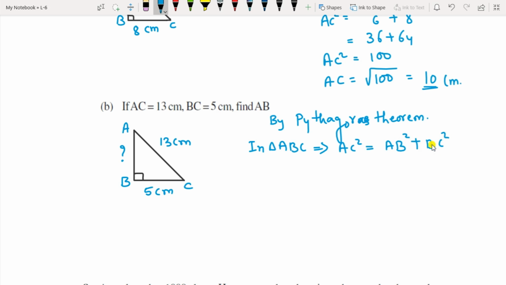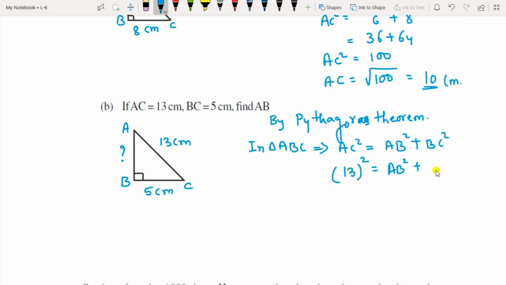Okay. So AC here is given as 13. So it is 13 square equal to AB, you have to find out, so you have to write AB.